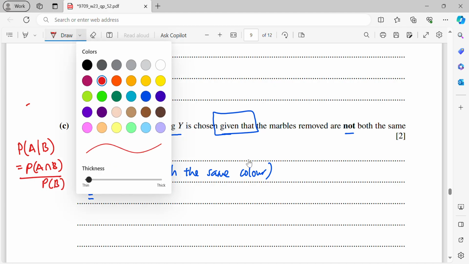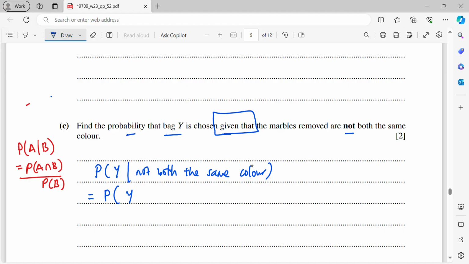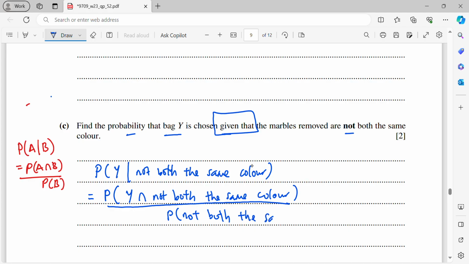Okay, which means you will be getting P(Y intersect not both the same color) over the probability of not both the same color.